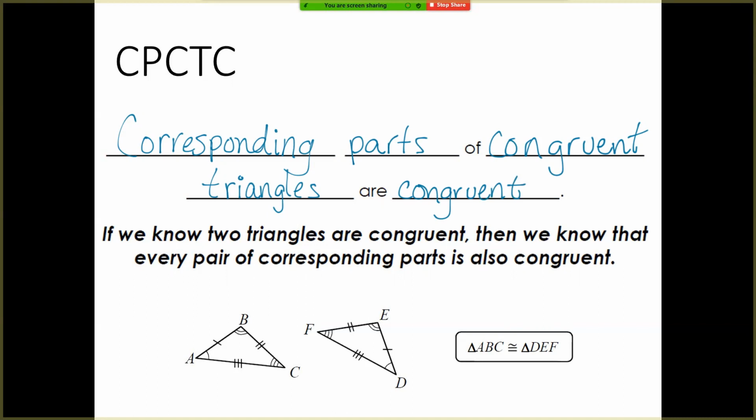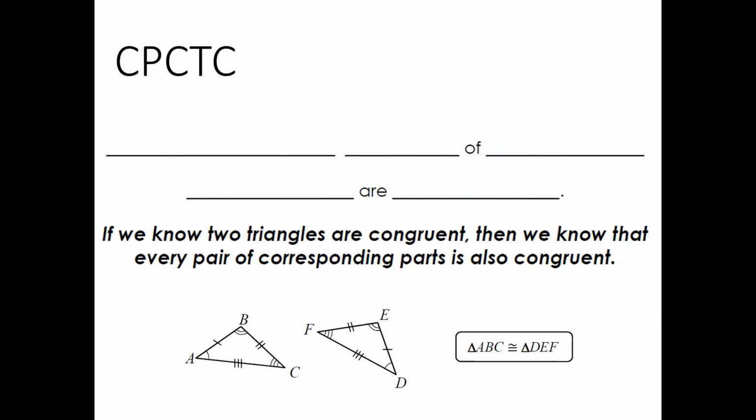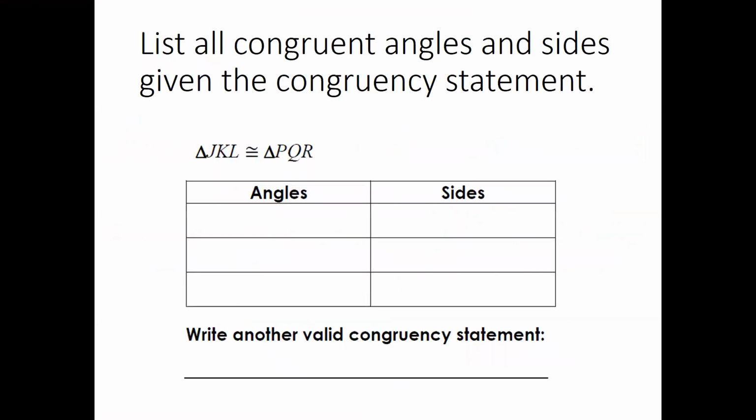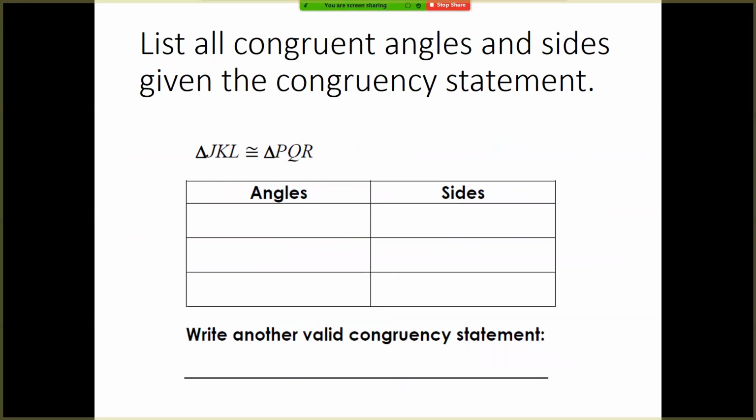So if we know two triangles are congruent, then we know that every pair of corresponding parts must also be congruent. On this slide, we're asked to list all the congruent angles and sides given this congruency statement down here. So without drawing a diagram, we can do this.